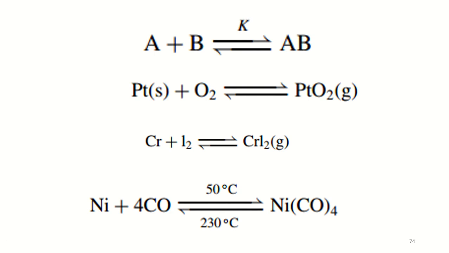For example, take chromium metal reacting with iodine in an exothermic reaction in which chromium iodide is formed. Since formation of chromium iodide is exothermic in nature, chromium metal is redeposited at higher temperature.